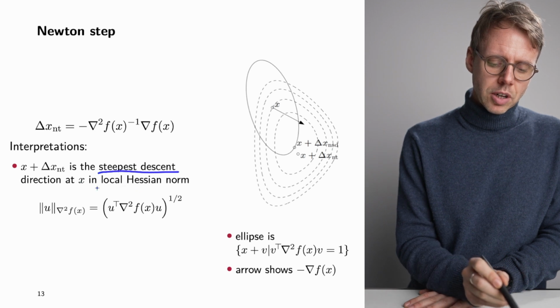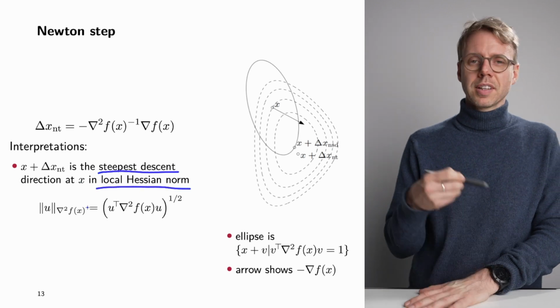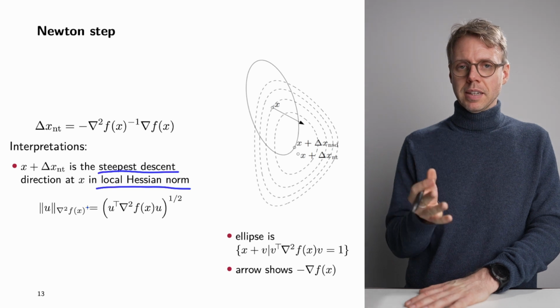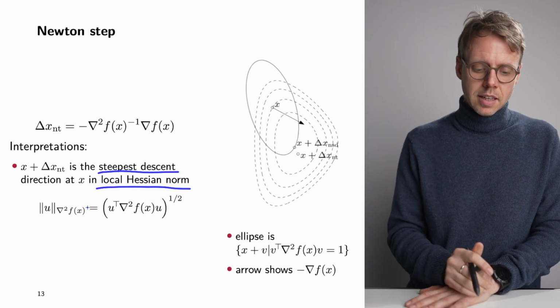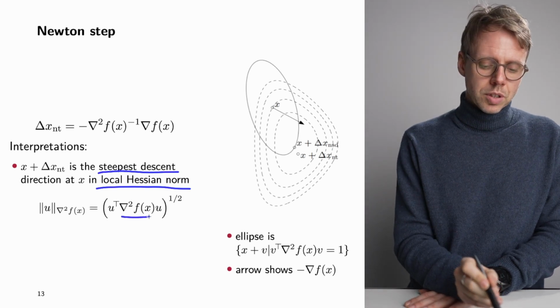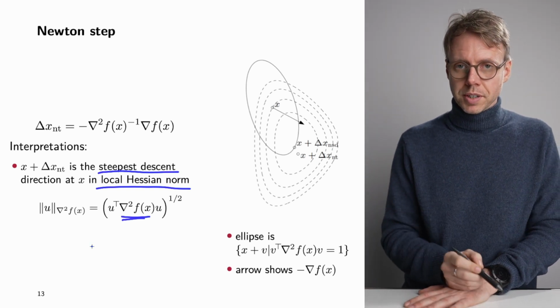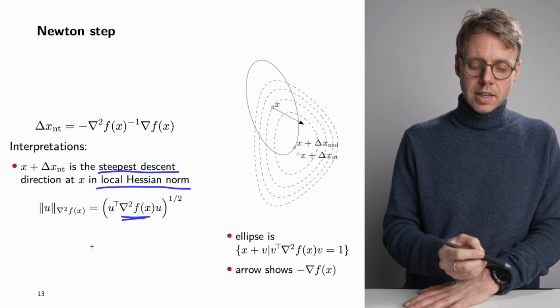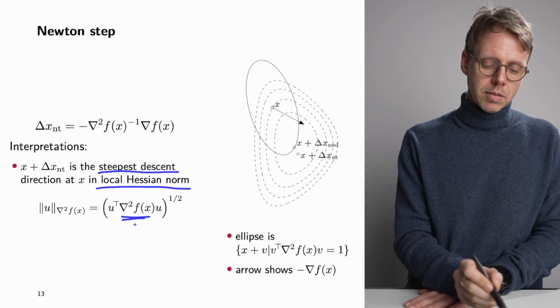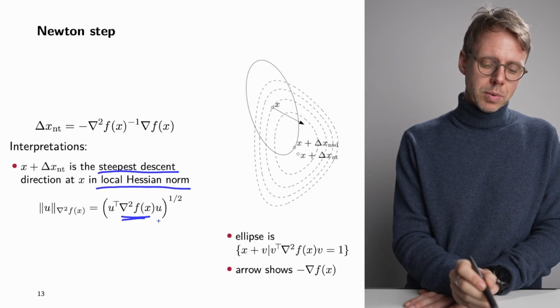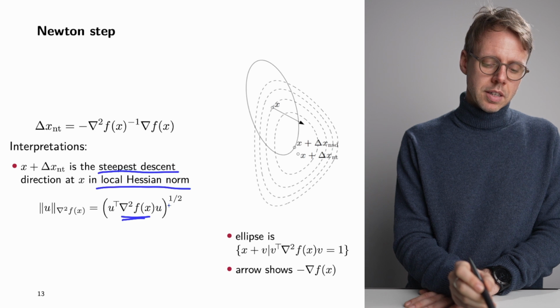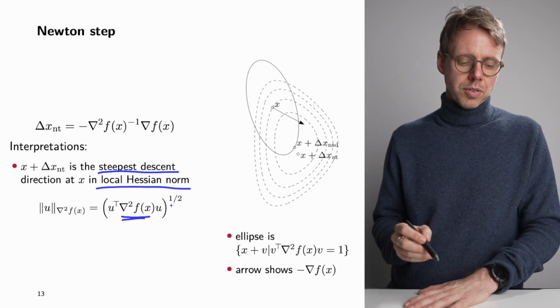An interpretation of the Newton step could be that the Newton step is steepest descent if you have a local Hessian norm. So instead of having a fixed matrix A, you always build the norm based on your current local Hessian by performing this squared form and taking the square root of the squared form.